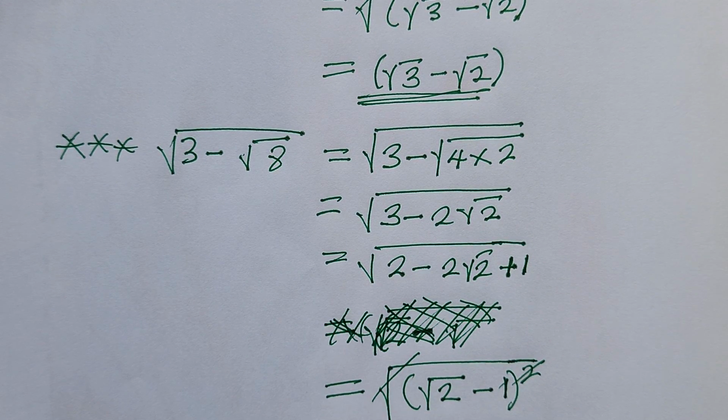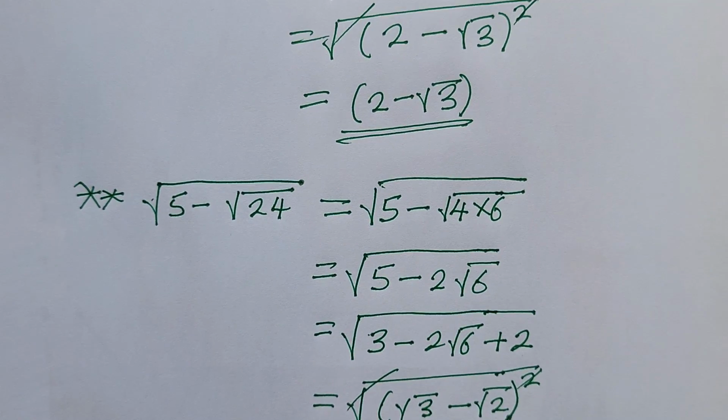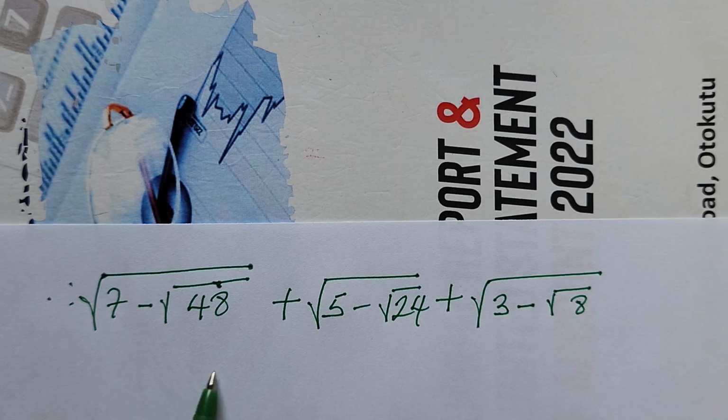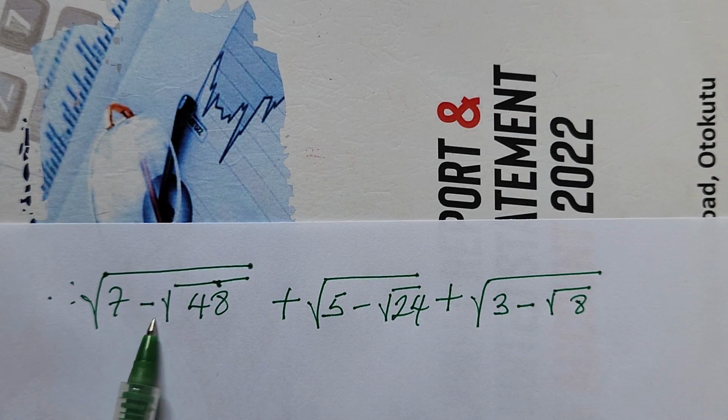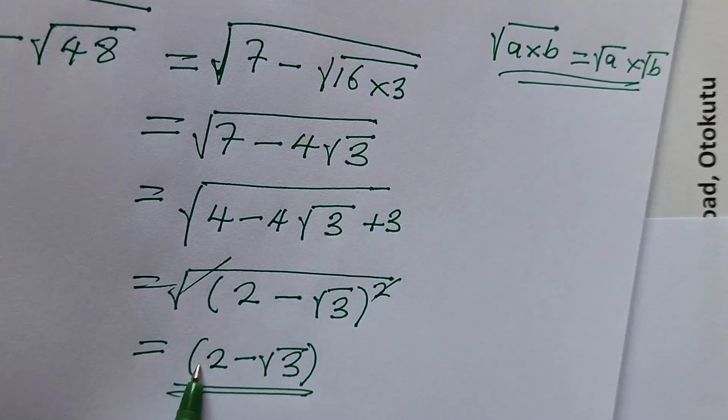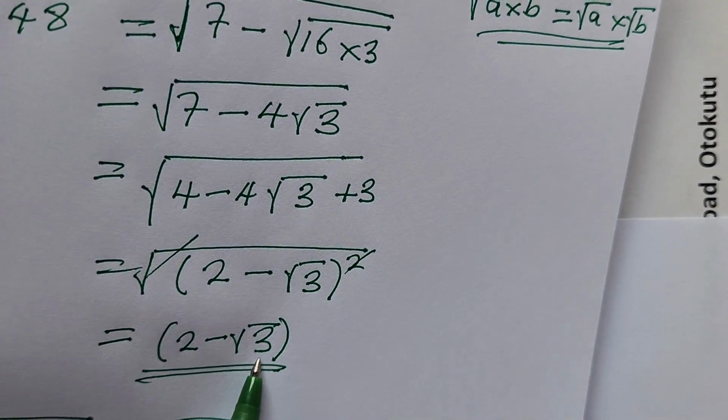So now we have simplified all the three terms. We can now bring all of them together to solve for this. From our original expression, what is the value of the first term we solved for already? We have it to be bracket 2 minus root 3.